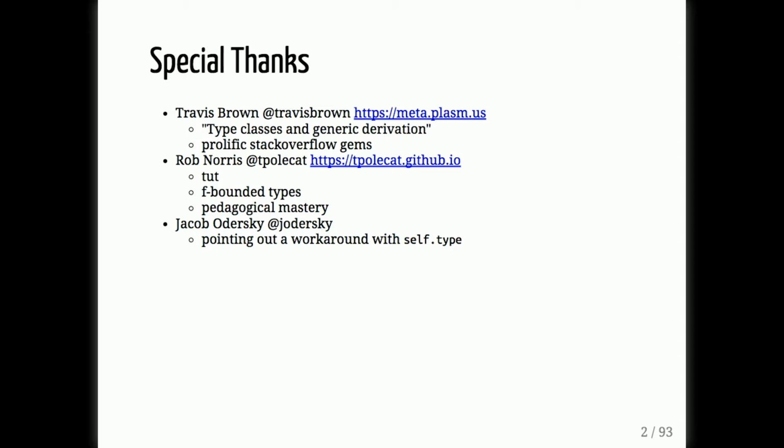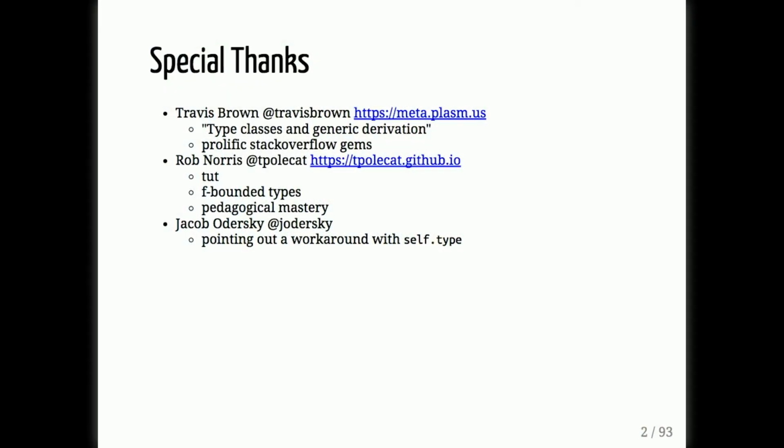His blog post, Type Classes and Generic Derivation, provided basically the narrative outline for this talk. And then Rob Norris, who is just a profoundly wonderful teacher and speaker. And so I hope to give this talk in that vein, in that spirit.